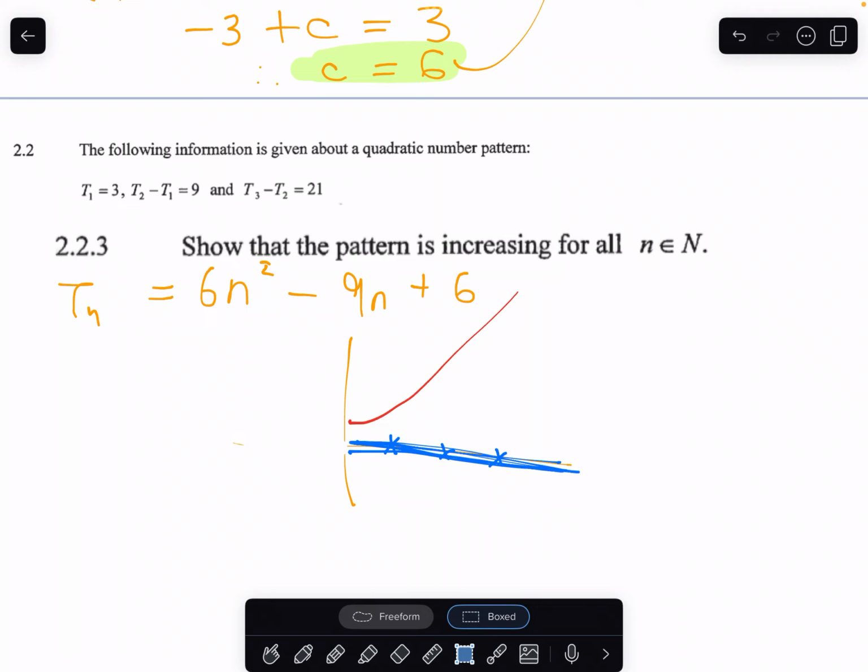Oh, and I also do just want to flag that we don't really care about whether this is yielding negative values or positive values. All we care about is that this is the trend, and not all the way from here. Really, we only care from n equal to 1, n equal to 2, n equal to 3.